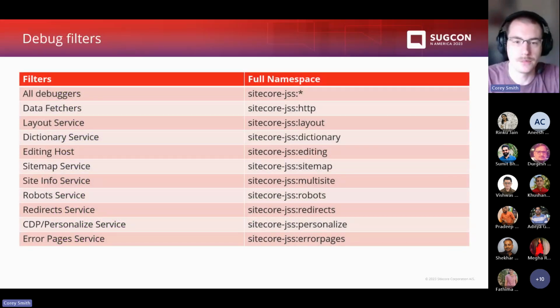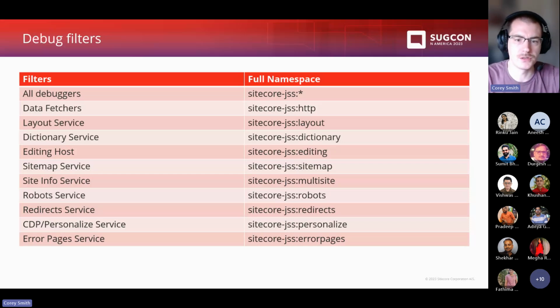JSS ships with a ton of debug log filters, and this is an exhaustive list of all of them. So we talked about before how you can look at just the layout service logs. If you want to look at other things, you could look at just the dictionary service logs, or just the logs from data fetchers.